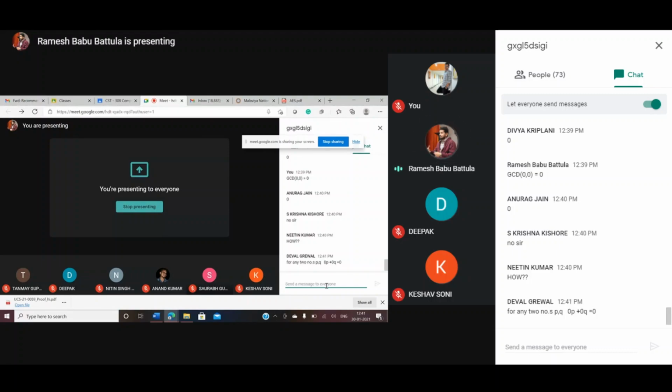GCD of A comma B, the resultant value depends on the B value only. If B is 0, then A is the answer. So according to that, what is our B value? B value is equal to 0. That's why I'm writing the A value as the answer.